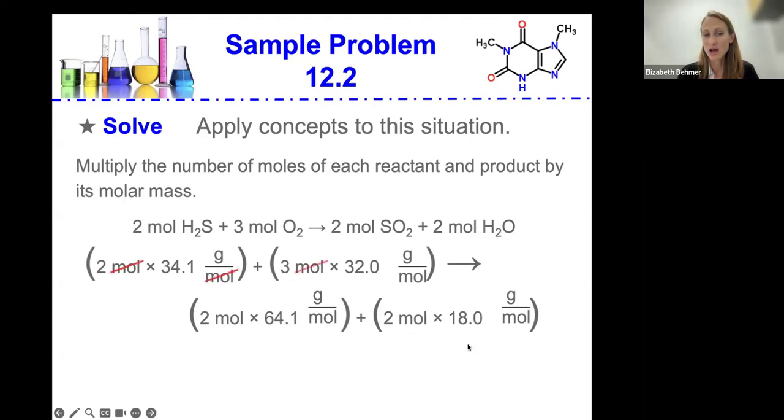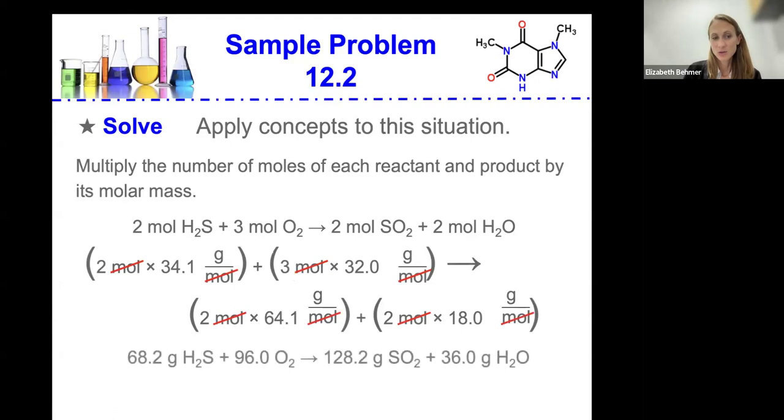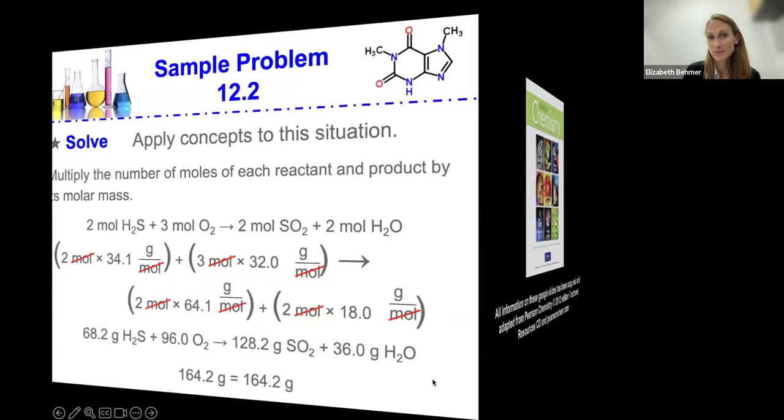When we do that, we cross off the labeling, so we'll be left with grams. So we'll get 68.2 grams of H2S plus 96 grams of O2 will yield 128.2 grams of SO2 plus 36 grams of H2O. And we see that the grams equal each other because matter can never be created or destroyed.